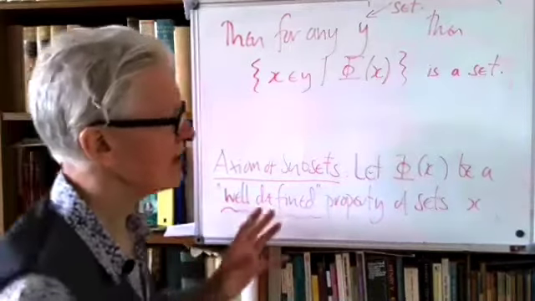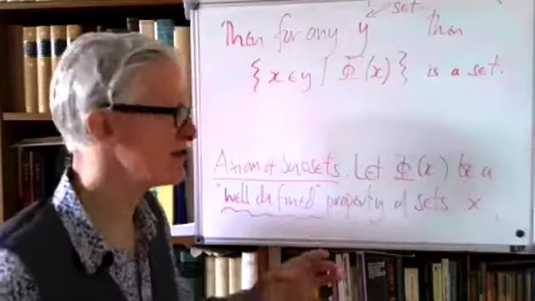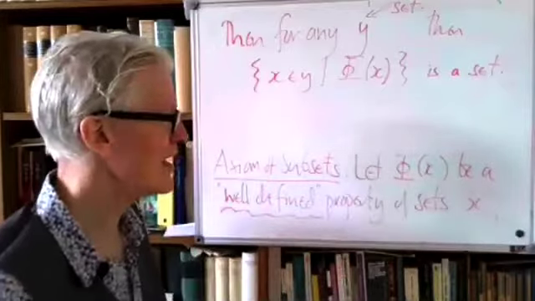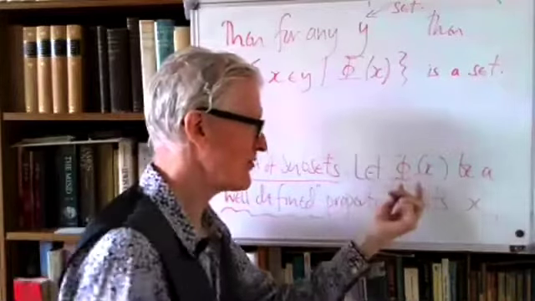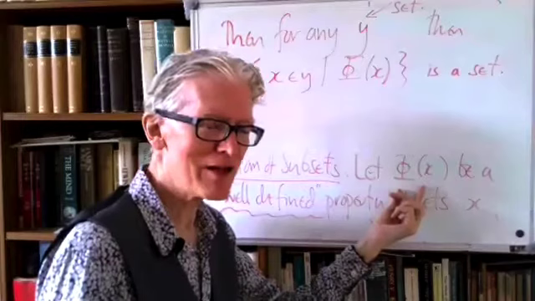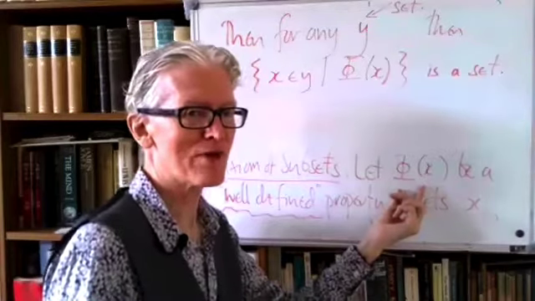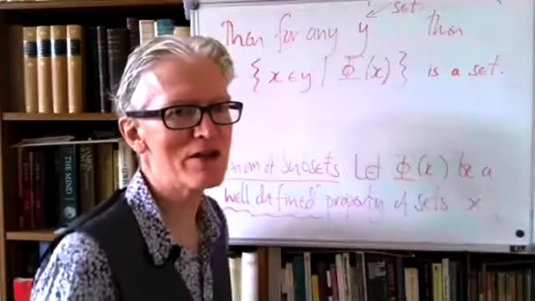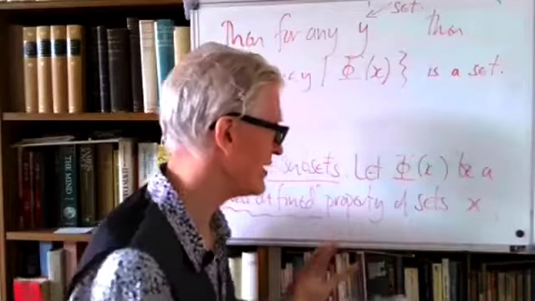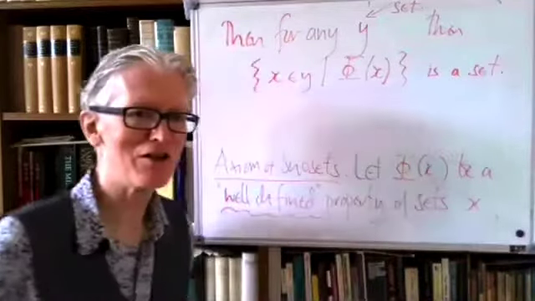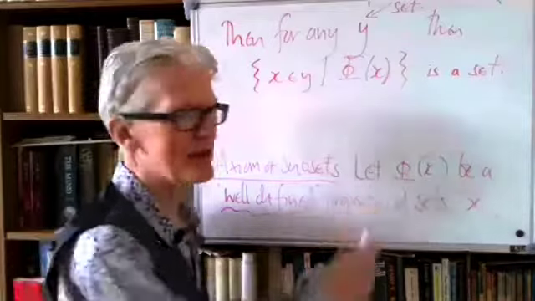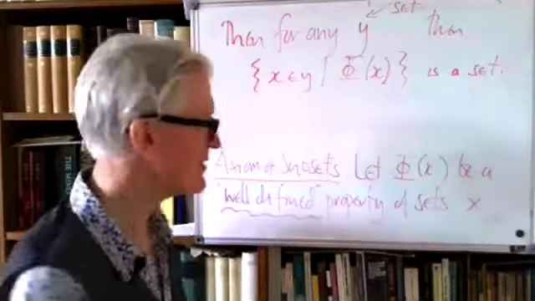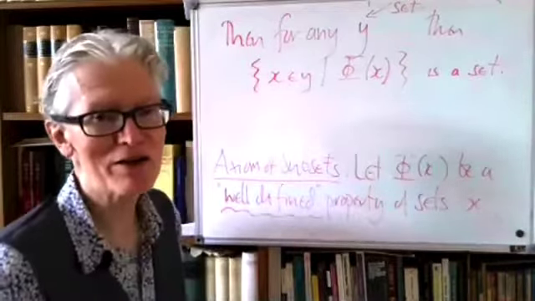If this was a course in more formal axiomatic set theory, like the fourth-year course, I'd be saying this formula phi has to be written in a particular logical language. And I'd specify what the language is to make a completely clear, watertight definition. But I'm leaving that a little bit vague here. So I haven't said exactly what I mean by a well-defined property.